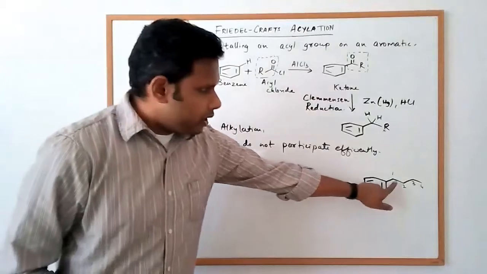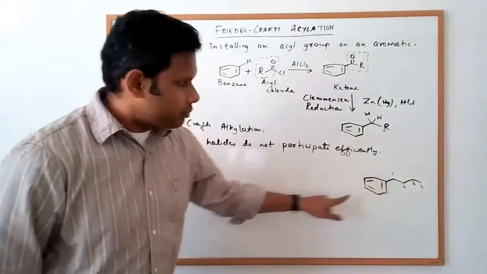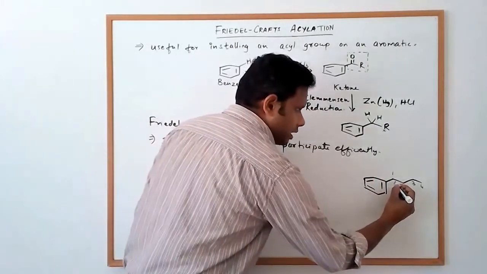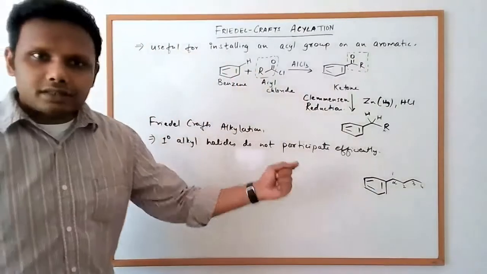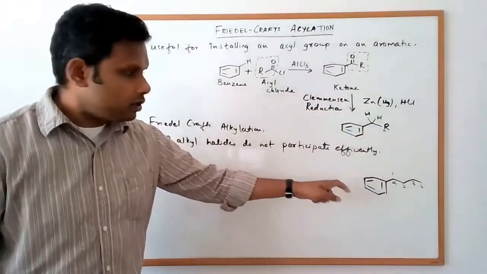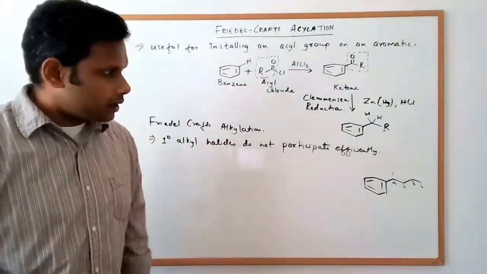And from the way this alkyl group is connected to the benzene ring, I see that the alpha carbon here is a primary carbon because that carbon would have been connected to the alkyl halide.